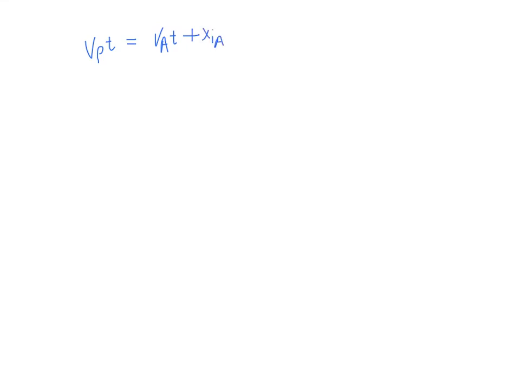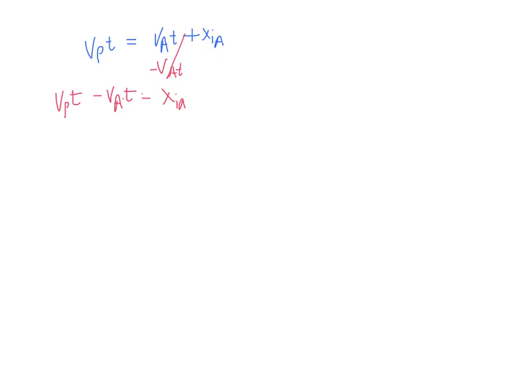And we're trying to get time by itself, so we subtract V_A t from one side. This becomes V_P times t minus V_A times t is equal to x_iA.